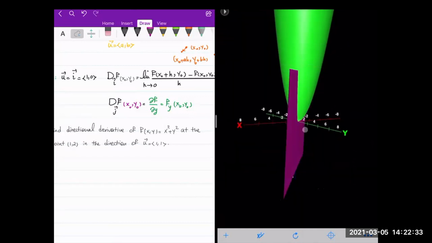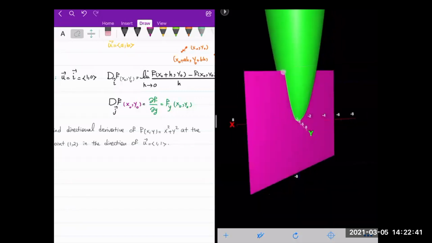Okay. At some point in here, the curve of intersection is a parabola. As you see, it's a parabola. And at some point, for example, at the point (3, 3), the slope of the tangent line would give me the directional derivative.